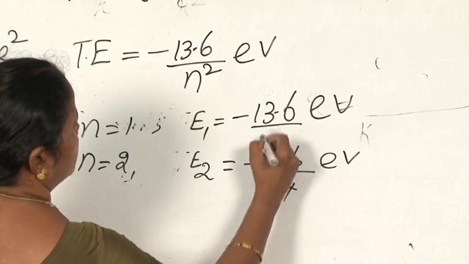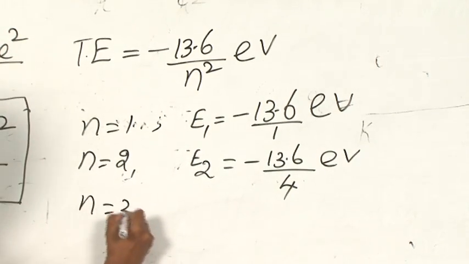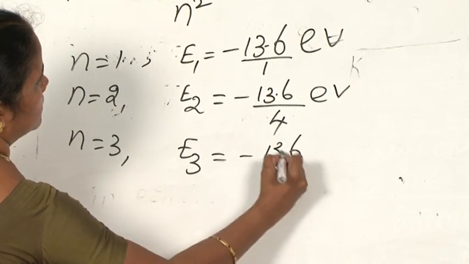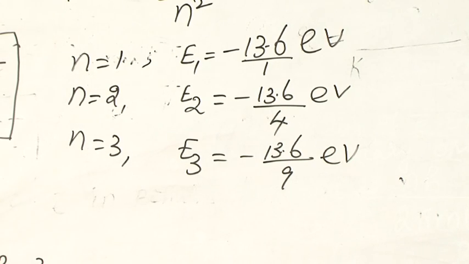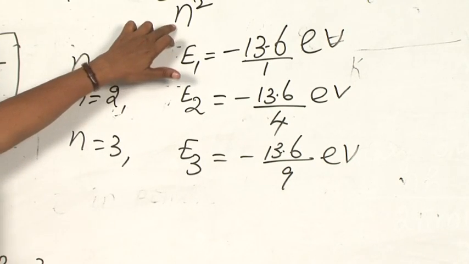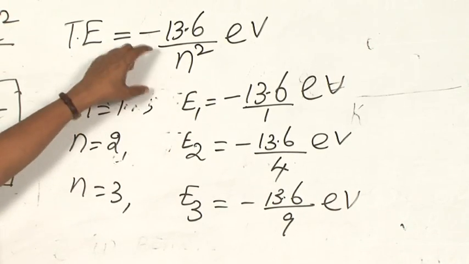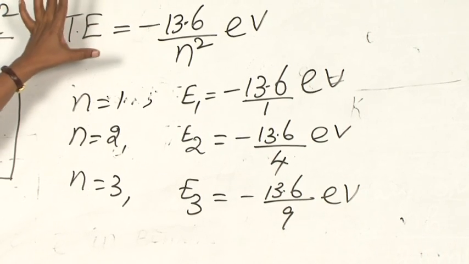Then n is equal to 3, E3 is equal to minus 13.6 divided by 9 electron volt. So, as n increases, the negative value goes on decreasing. It means that the total energy also increases.